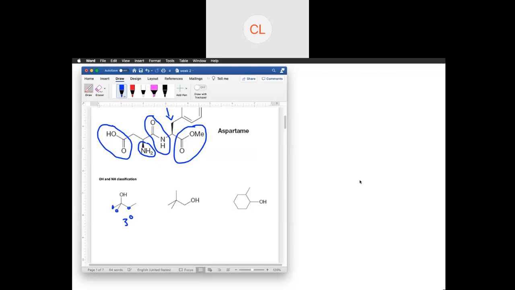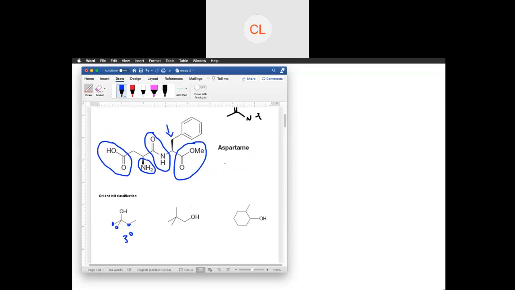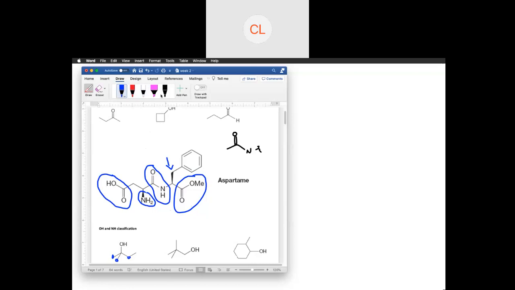Wouldn't the OMe make it an ether? So Ashley, an ether is this, which I get your rationale, but you have your carbonyl coming off of that, so it's kind of like an amide, but instead of the nitrogen, it's an oxygen.